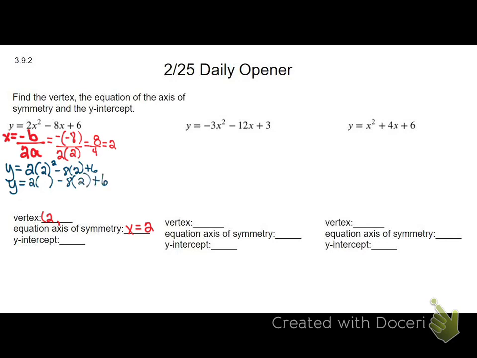Yes, you do too. 2 squared. 2 times 2. 4. Okay. Maddie, now what? Times. Okay, go ahead and do that for me. y equals 8 minus 16 plus 6. Okay. And then my last step, I add and subtract, working my way from left to right.